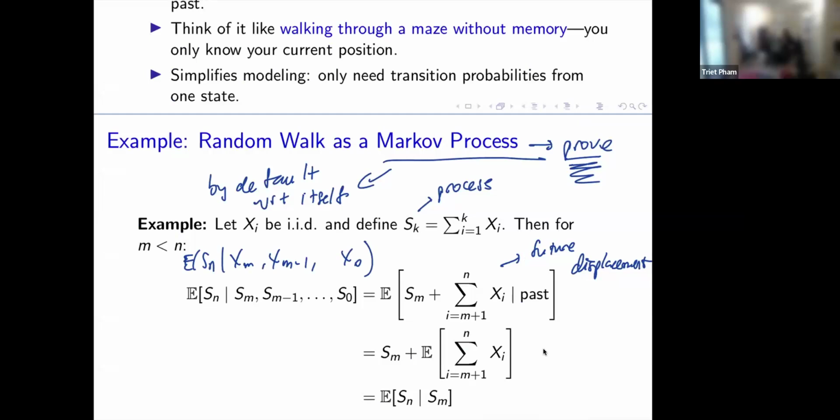Is the random walk SK, SM, whatever, Markov with respect to the step size? Yes or no?